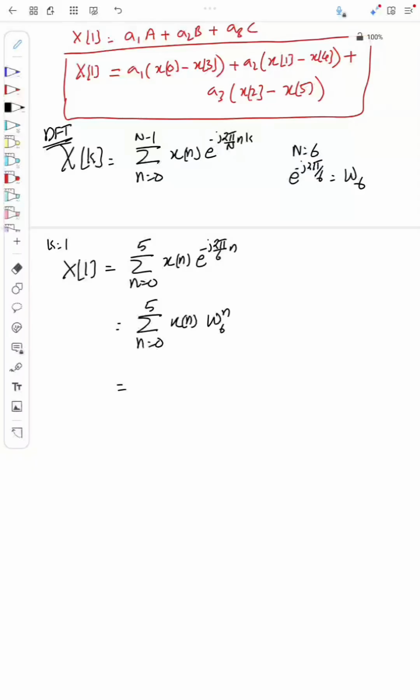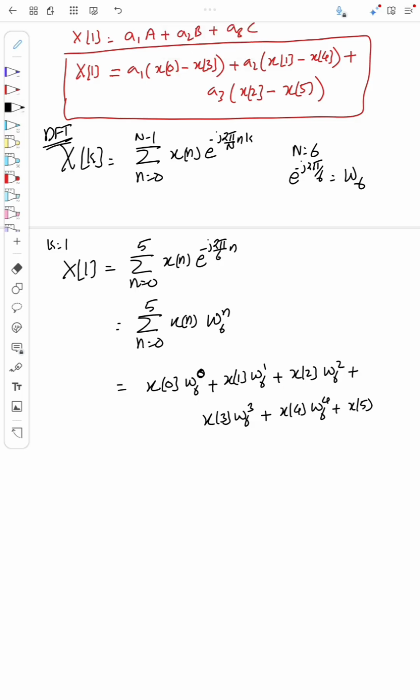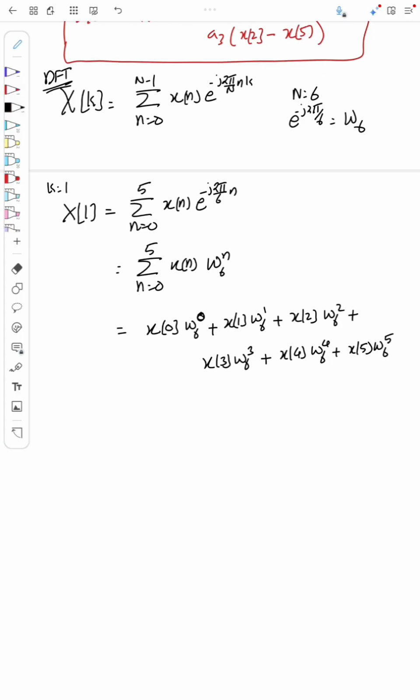Once I expand this, what will I get? x of 0, with n equal to 0, into W6 power 0, plus x of 1 into W6 power 1, plus x of 2... So what is W6 power 0? It is e power minus j 2 pi by 6 into 0, that is 1, right?